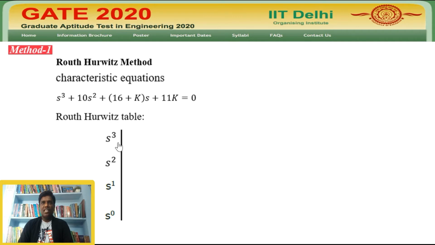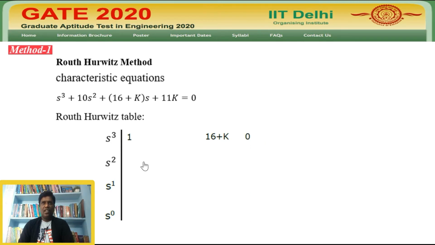Next, we can fill the s cube row by the coefficients of the odd power s terms of the characteristic equation. The odd power s terms are s cube and s power 1. The s cube coefficient is 1 and the s power 1 coefficient is 16 + K. These values are filled in the first row of Routh's table, and the remaining first row position will be 0.